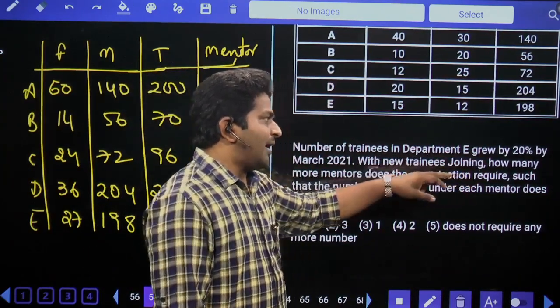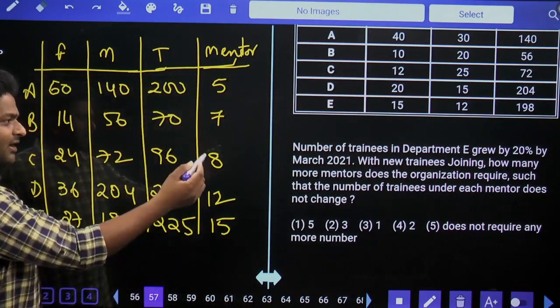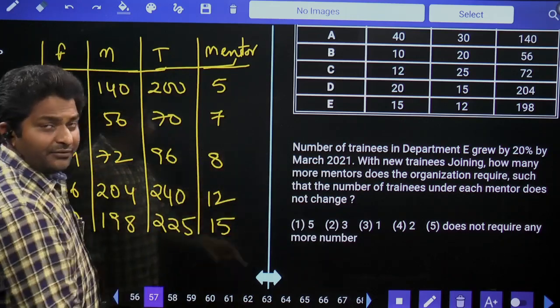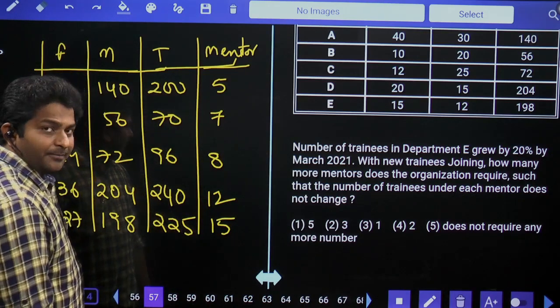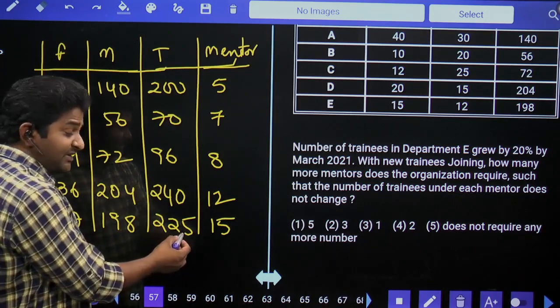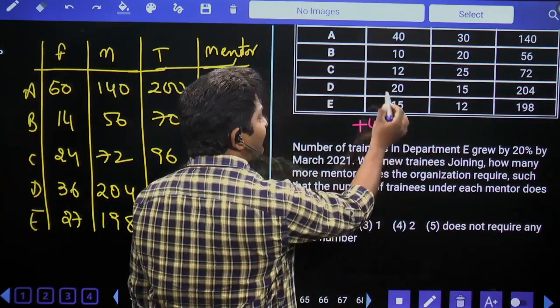Department E grew by 20% by March 2021. 10% is 22.5, 20% is equal to 45. So extra we are going to have 45 people.